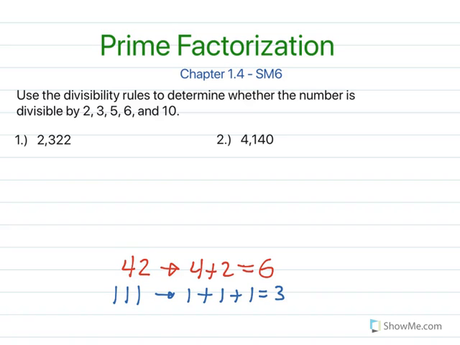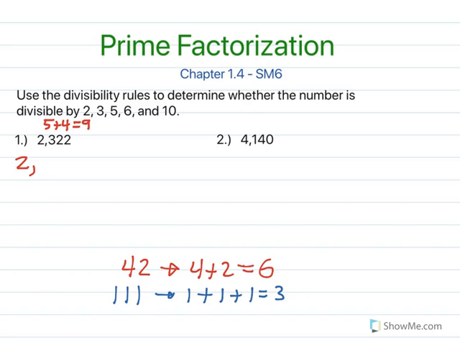So let's take a look at 2,322. Easily I can tell it's divisible by 2 because it ends in an even number. Now for 3, if I take 2 plus 3, I get 5. And if I do 2 plus 2, I get 4. If I add 4 and 5 together, I get 9.